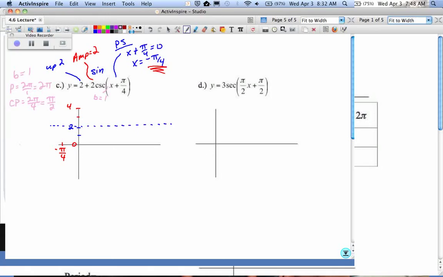So let's space them out. What's negative pi over 4 plus pi over 2? Positive pi over 4. What's a fourth plus a half? 3/4. 3/4 plus a half. 5/4 plus a half.